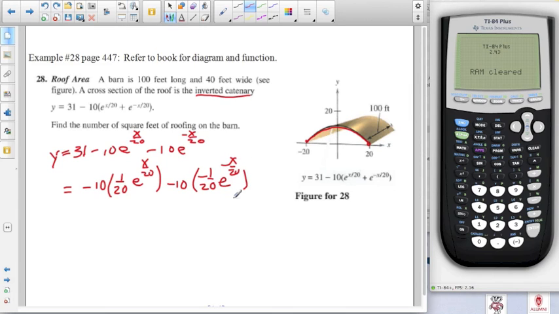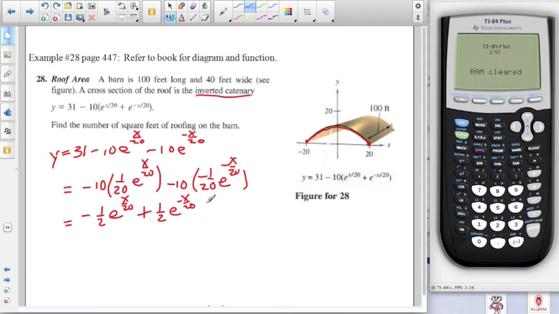And so simplifying, we have minus 1/2, 10 over 20, e to the x over 20. And we've got double negatives here, so it's plus 1/2 e to the minus x over 20. So there is the derivative.